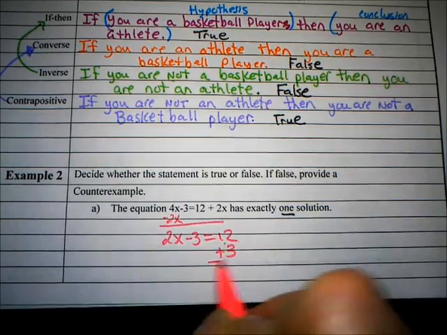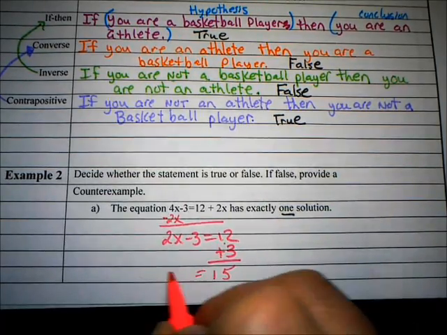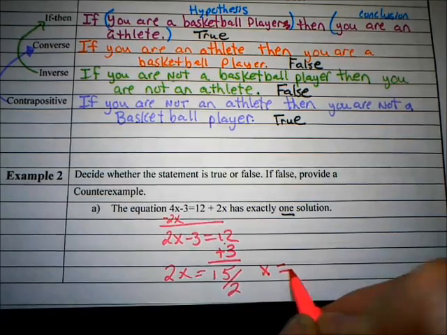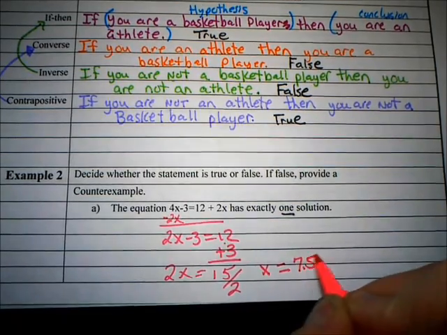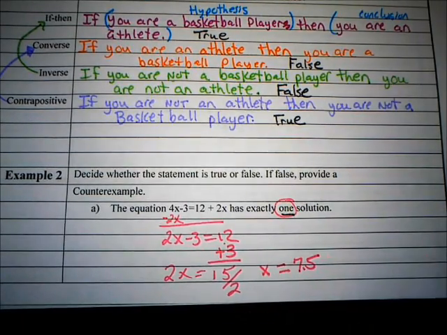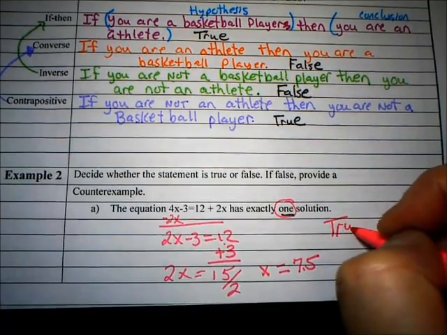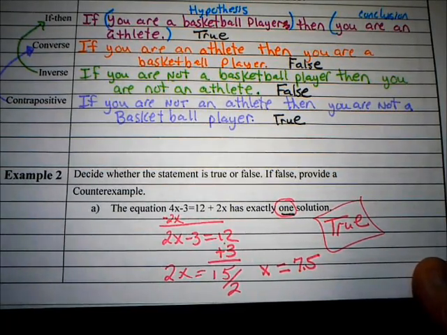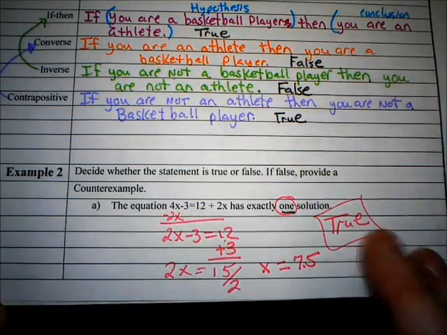I'm going to add 3 and get 15. That gives me 2x divided by 2 tells me x is equal to 7.5. Do I have exactly one solution? Yes, I do. That is a true statement. There isn't any other way I can get an answer from that problem.